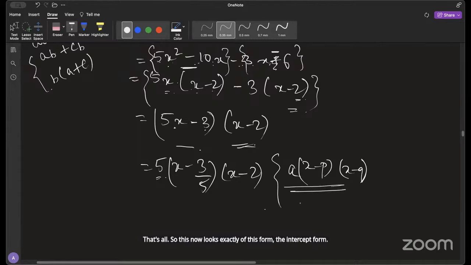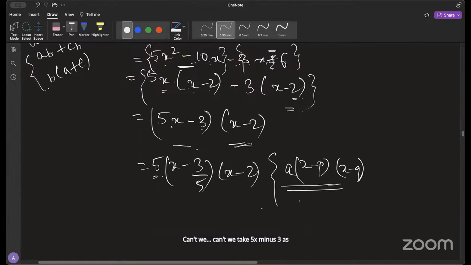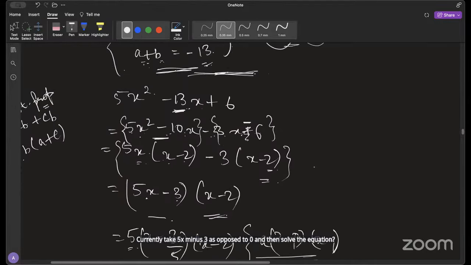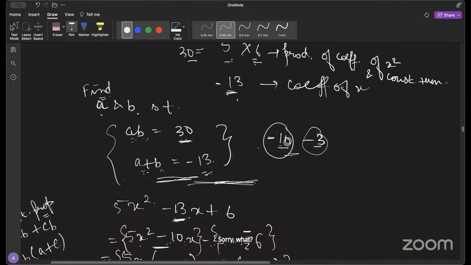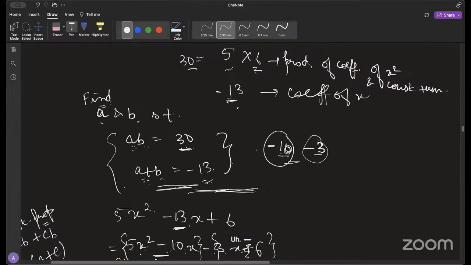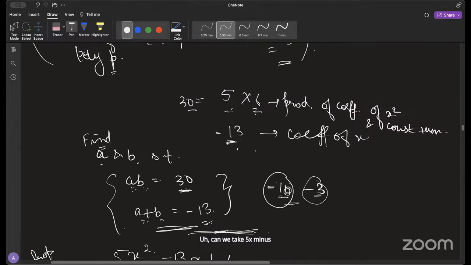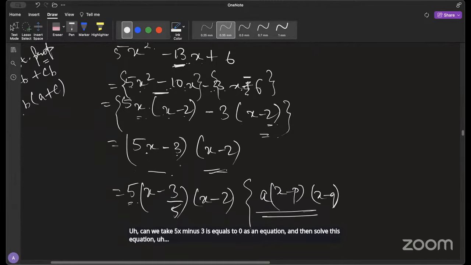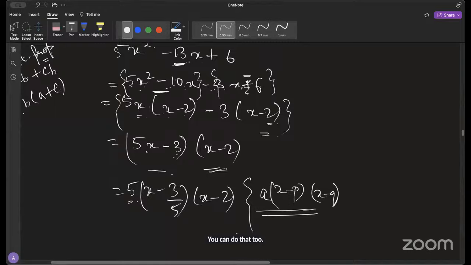Can't we take 5x minus 3 equals 0 and then solve the equation? Sorry, what? Can we take 5x minus 3 equals 0 as an equation and then solve it? That you can do, yeah.